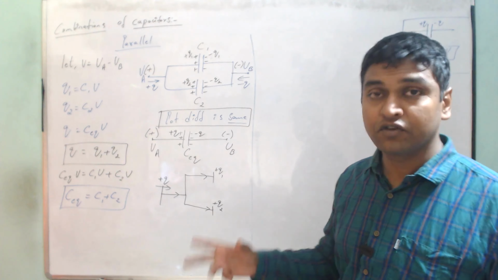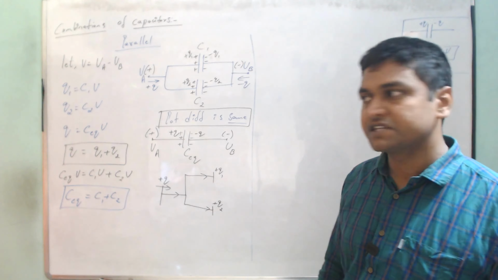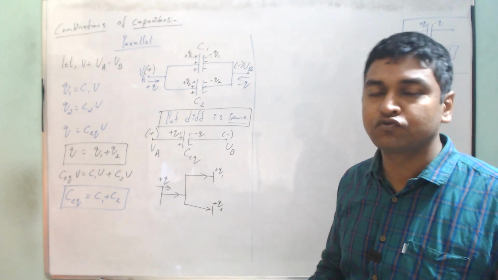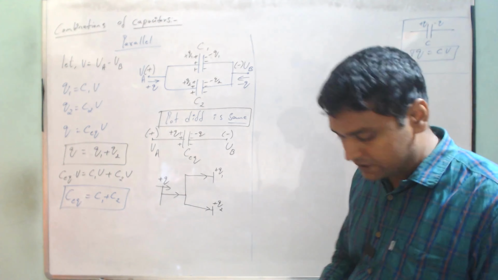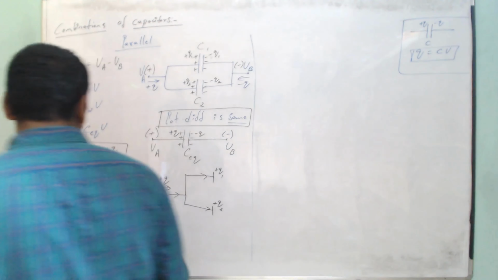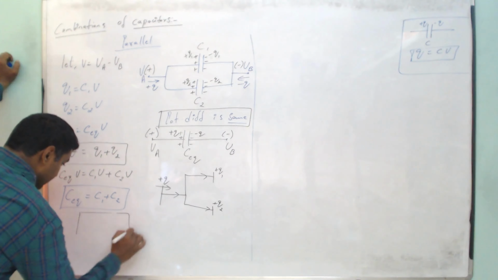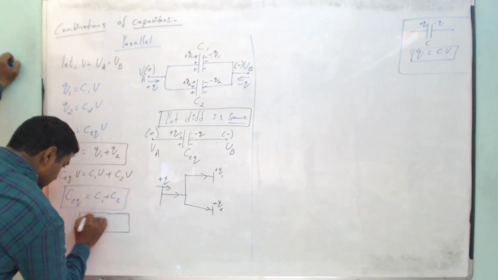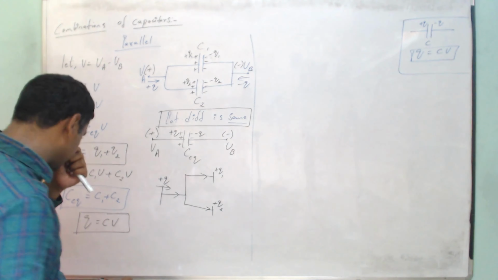But the other way of looking at these things, according to me the more useful and most efficient way, is this: I have an equation Q is equal to CV, right?